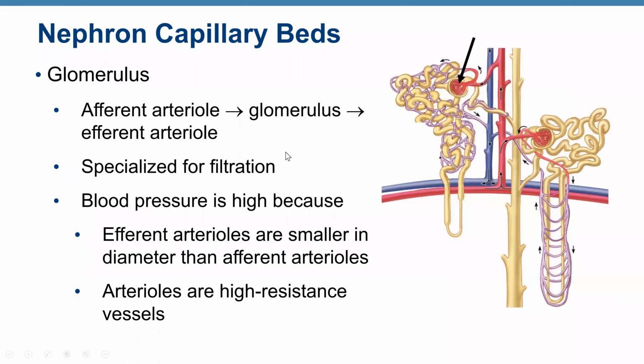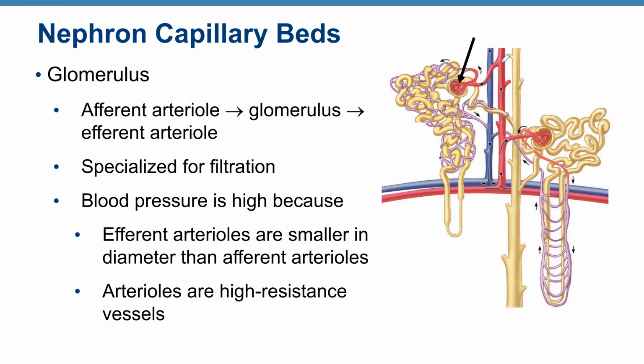Okay, now glomerulus is actually a fancy name for capillaries. But before we get to the capillaries, we need a bigger blood vessel. So it's going to be the afferent arteriole.